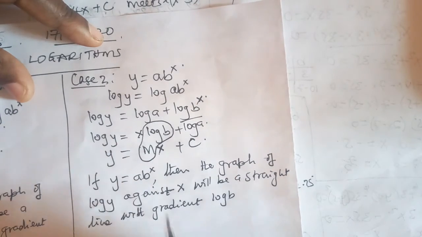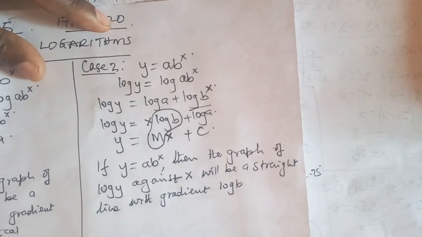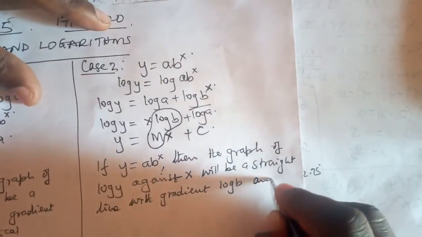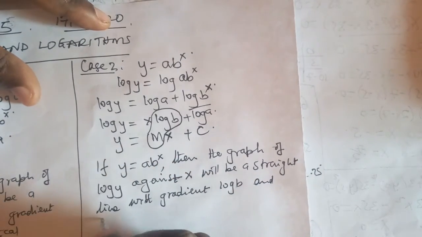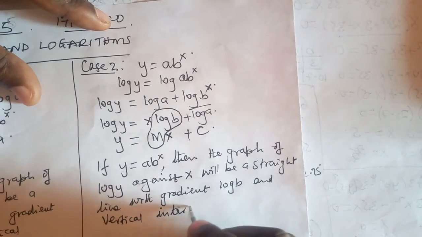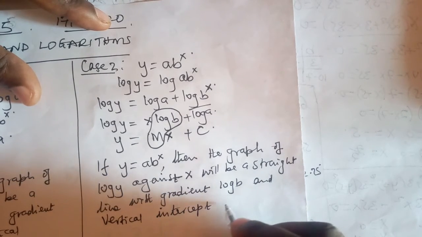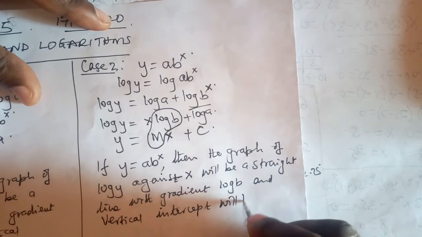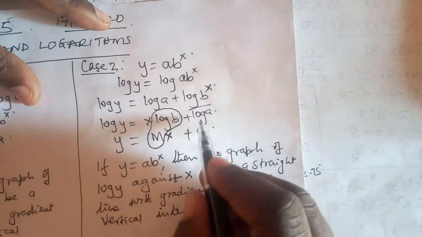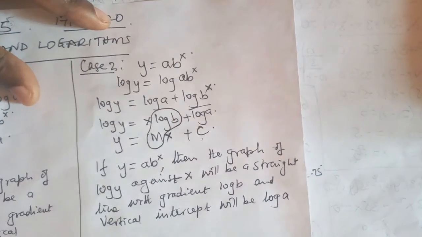We have just highlighted that before. The vertical intercept will be the logarithm of a, as you can see, the value of c.